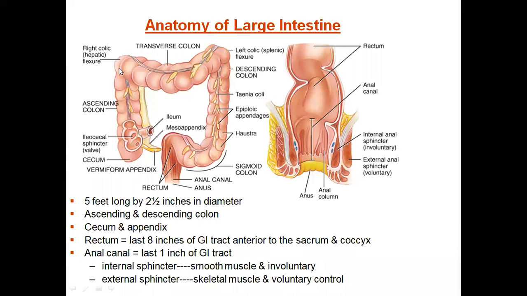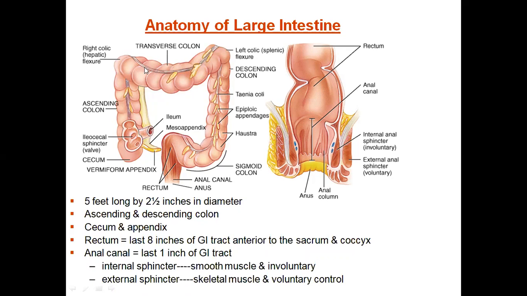When it gets to just inferior to the liver, it makes a sharp turn in the transverse position. So once it courses in the transverse position, that's what we call the transverse colon.